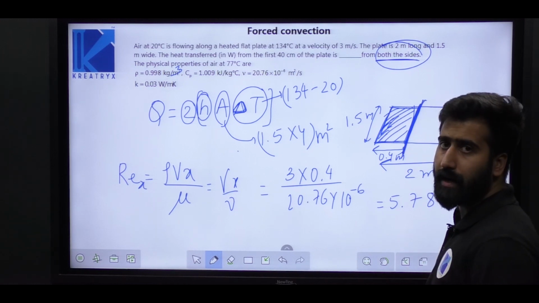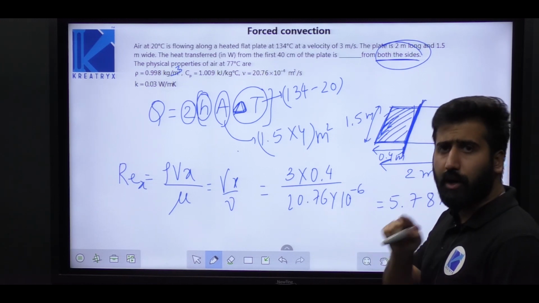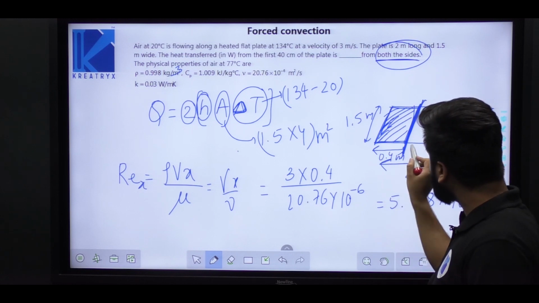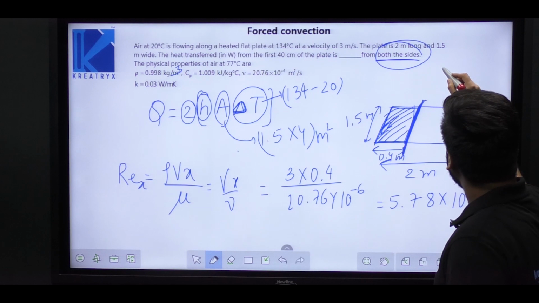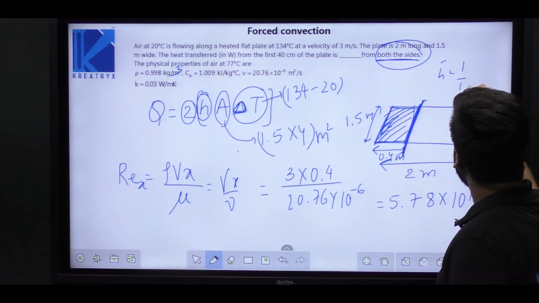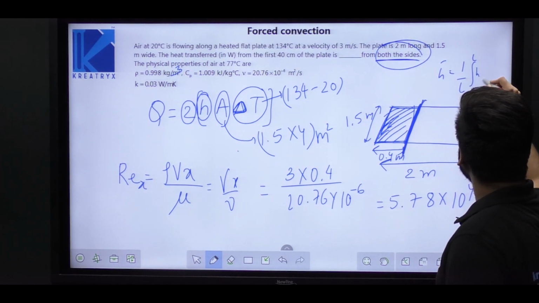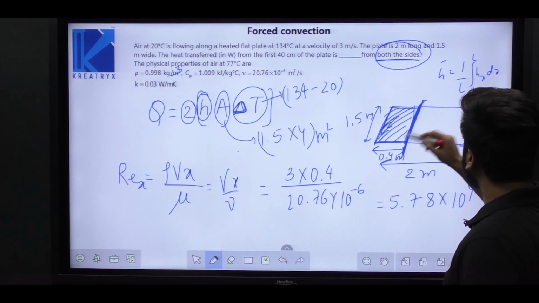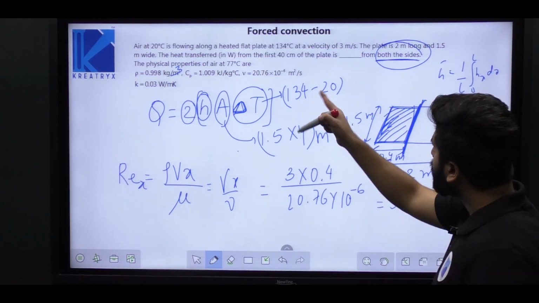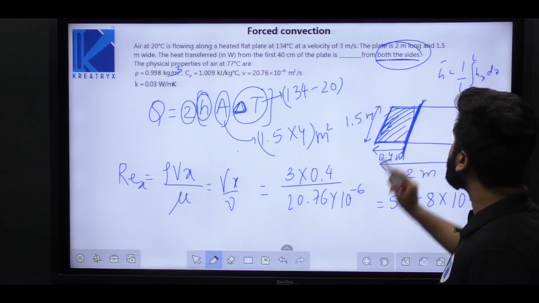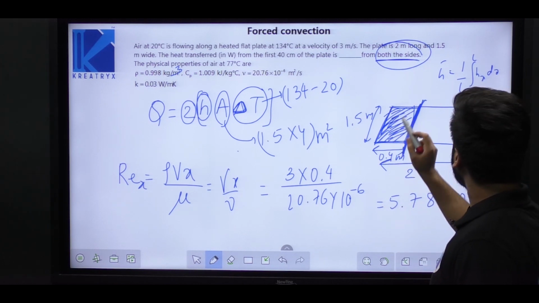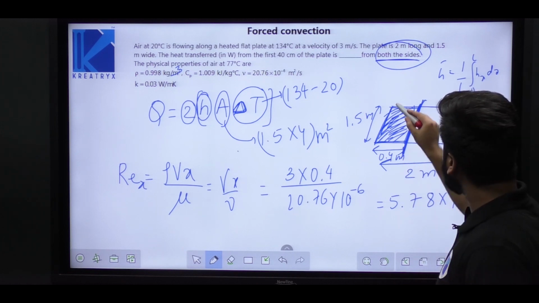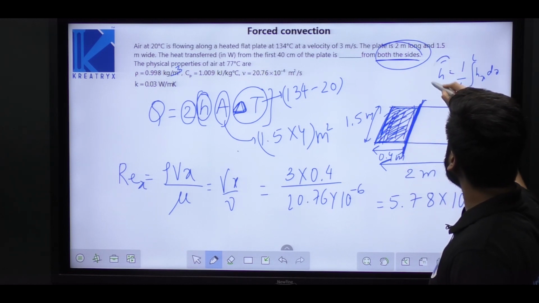That will be the integration of the local heat transfer coefficients from 0 to 0.4 meter using this relation. H bar is equal to 1 by L integral 0 to L Hx dx. Here L will be 0.4 meter, because we have to find the heat transfer from the first 40 centimeter, that is 0.4 meter of the plate. So we will be integrating that local heat transfer coefficient here, and I'll be getting H bar.